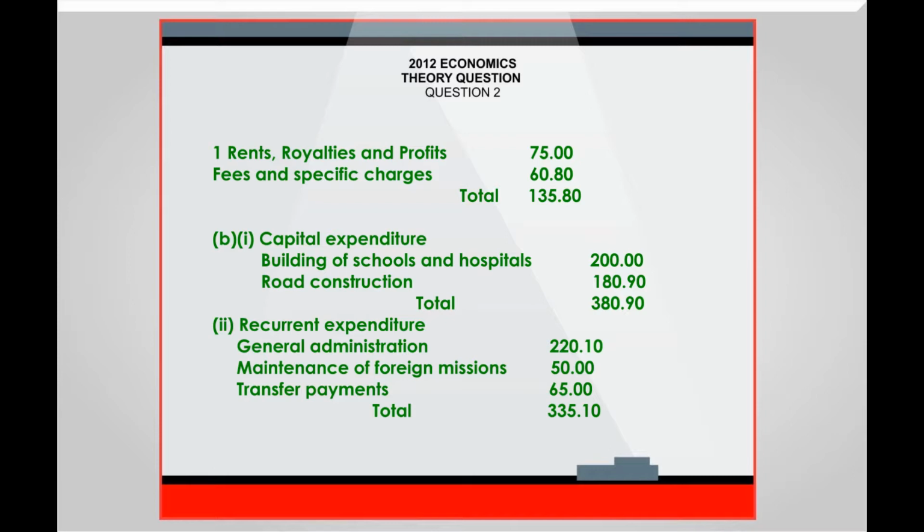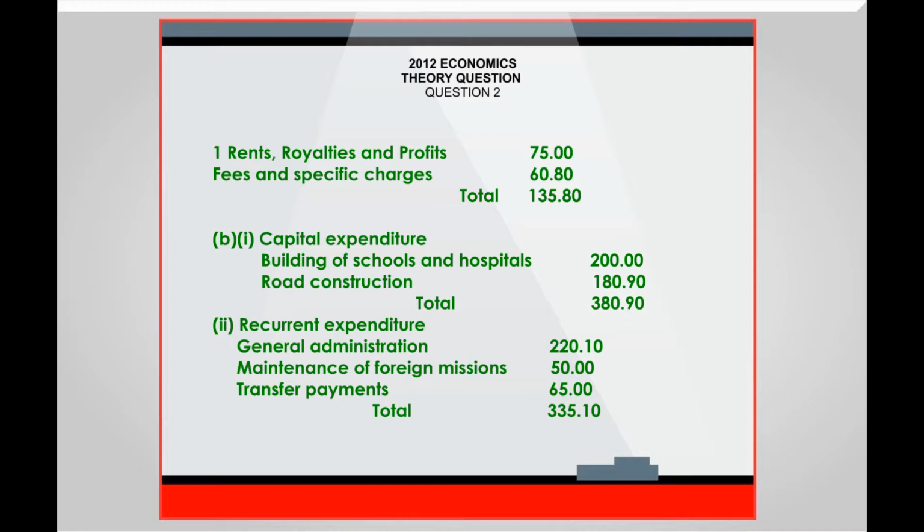Capital expenditure, building of schools and hospitals, 200, road construction, 180, total 380.90. Recurrent expenditure, general administration, rents, royalties and profits, 75. Fees and specific charges, $60,080,000. Total $135,080,000.